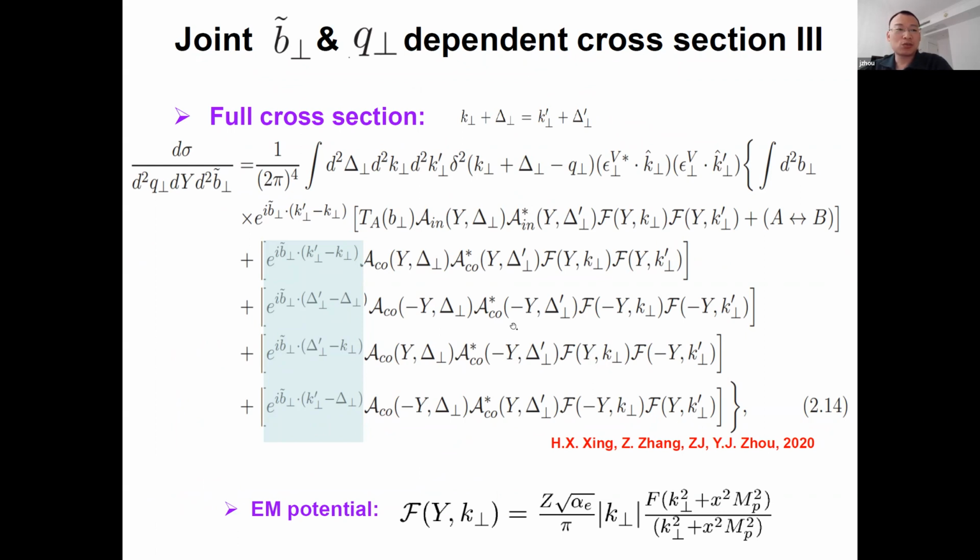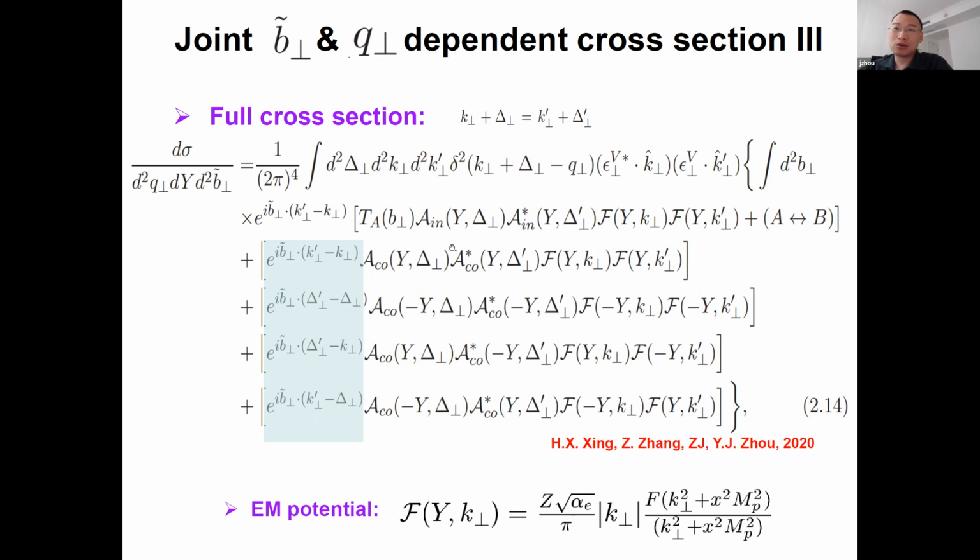Note that F represents the electromagnetic field, the gauge potential.